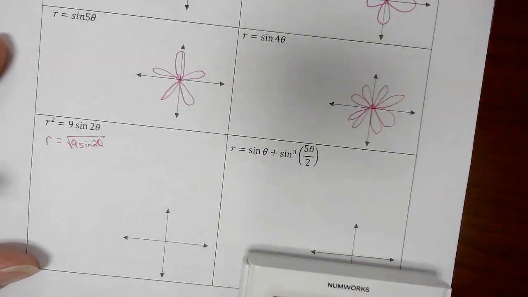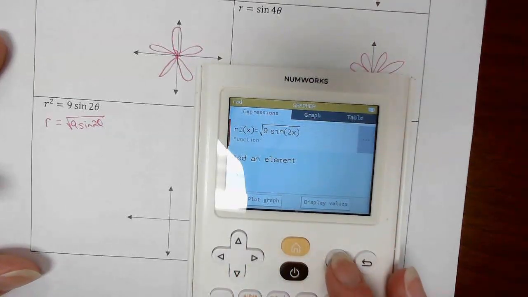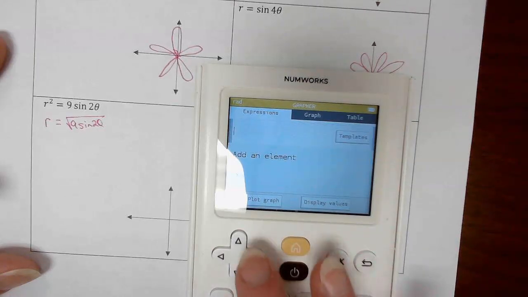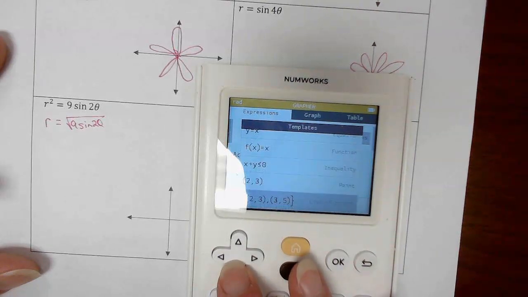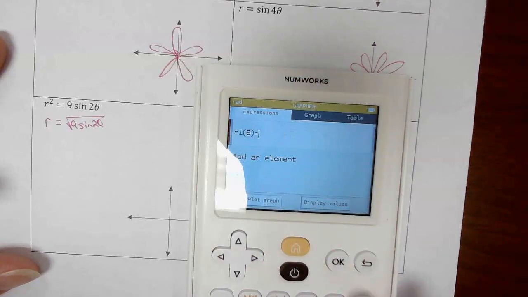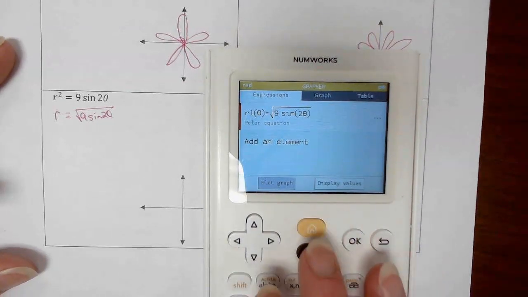Uh-oh, hold on. What did it do? Do you see that it changed out from the thetas? So it needs to keep the r's and the thetas.